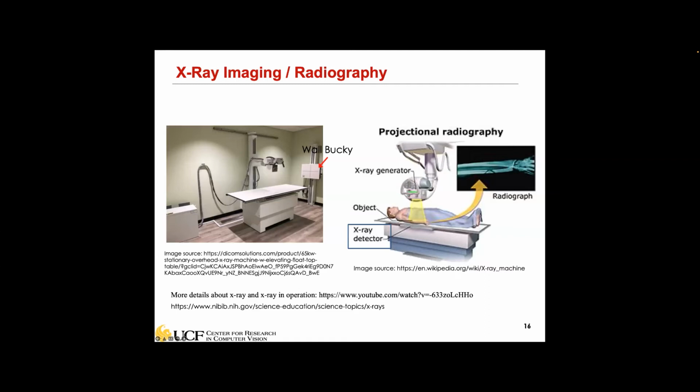Then on the back, there's a wall, right? This is called the wall bucky. It contains the X-ray detector, which captures the X-ray passing through your body, so it can make an image, okay? If you lie on the table, then this X-ray detector or receptor will be put underneath the table, okay?